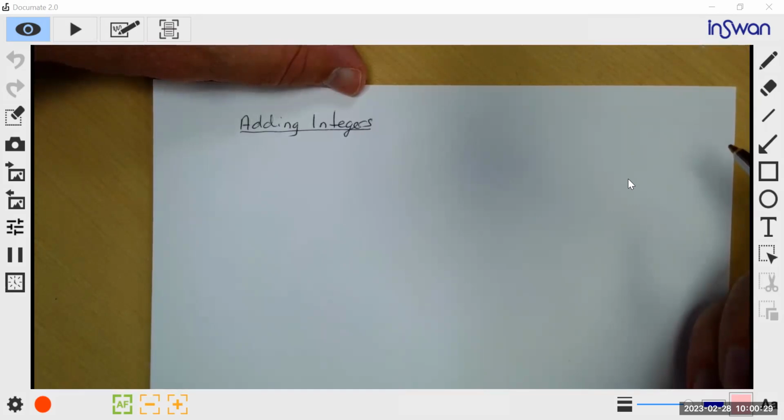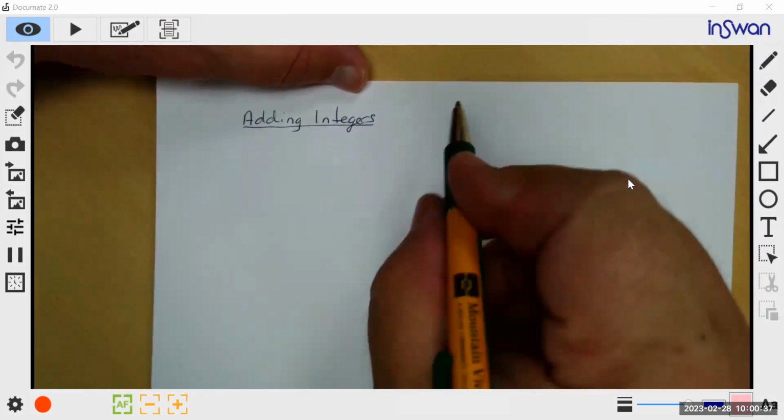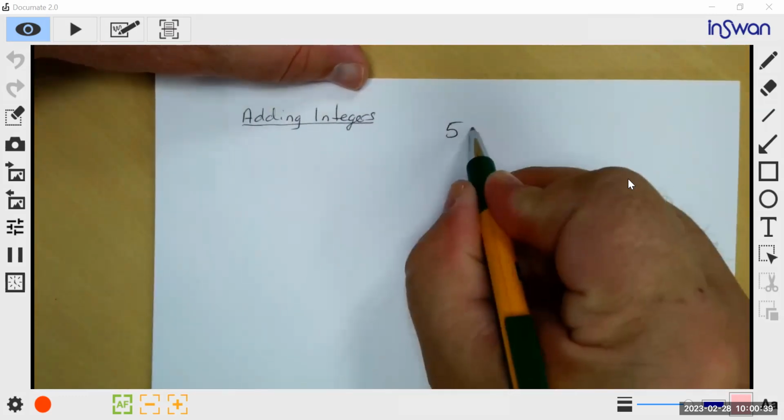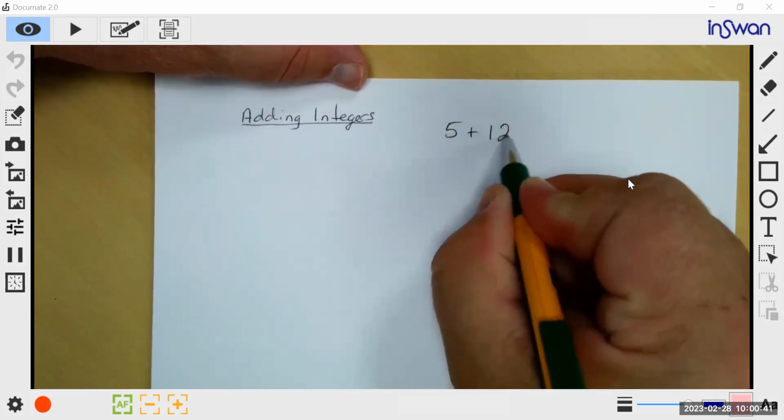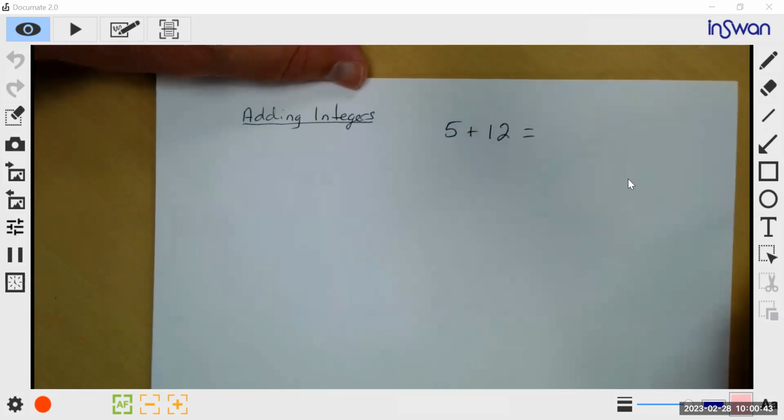Hopefully, thanks to memory cells, calculators haven't corrupted your brain so much you can't do this. I know you can. What is that going to equal?